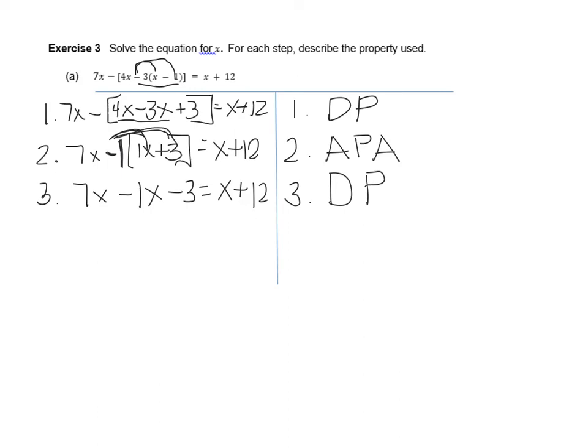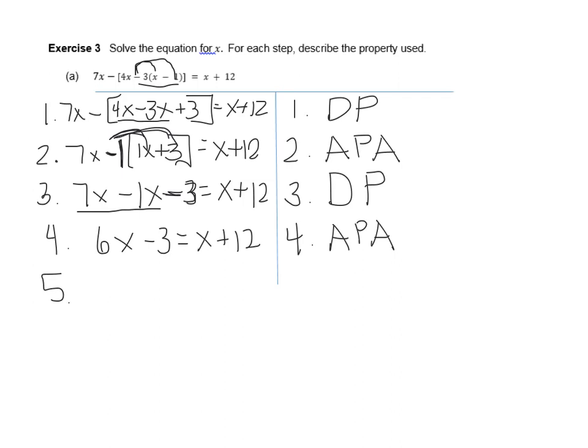Negative 1 times 3 is negative 3. For step 4, you have some more like terms to combine. 7x minus 1x is 6x. You end up with 6x minus 3 equals x plus 12. You combined like terms, so step 4 is the associative property of addition.